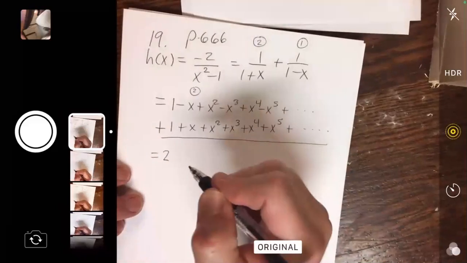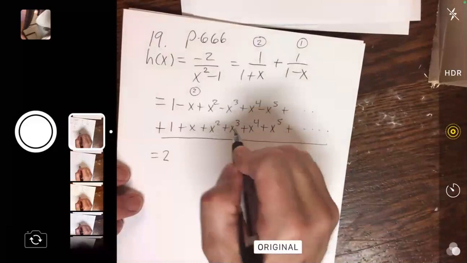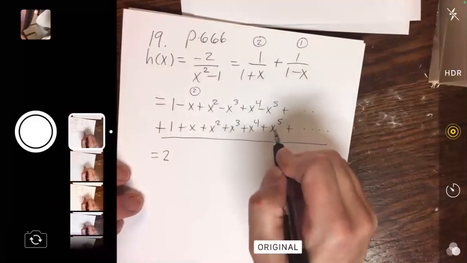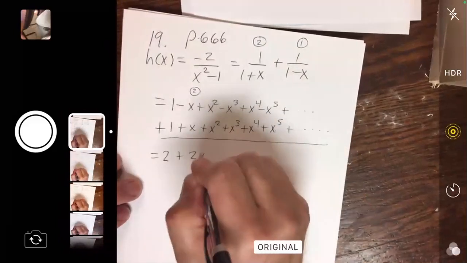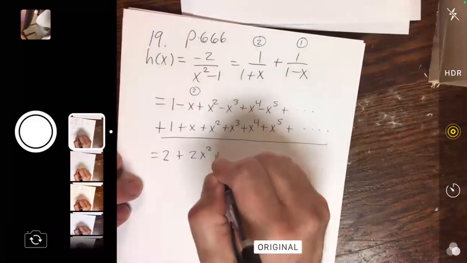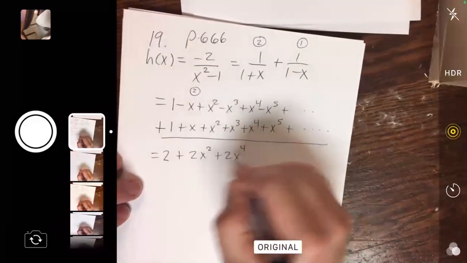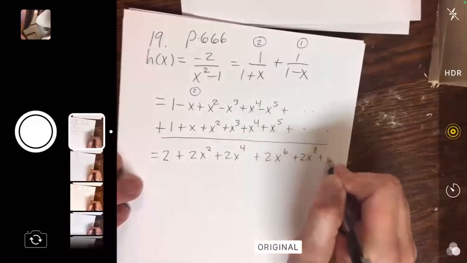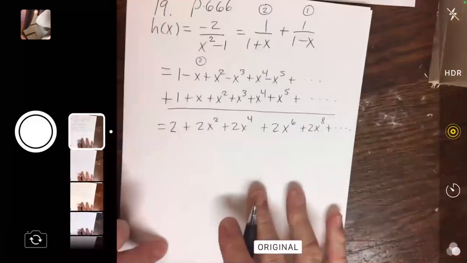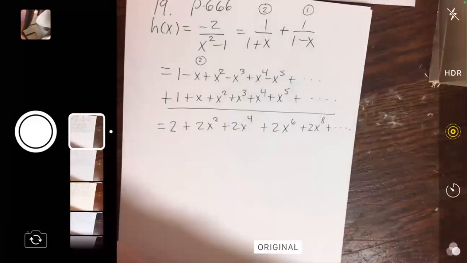And you see all the odd powers cancel. My x cancels, my x cubed cancels, my x to the 5th cancels. All the odd powers cancel. My even powers double: 2x to the 4th, you can see the pattern. I'll have a 2x to the 6th, a 2x to the 8th, and so on. It's really a matter of plugging and chugging and knowing your formulas.